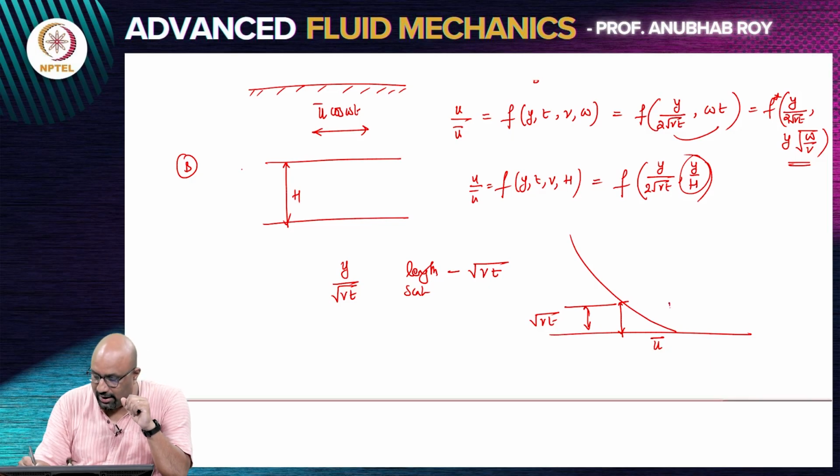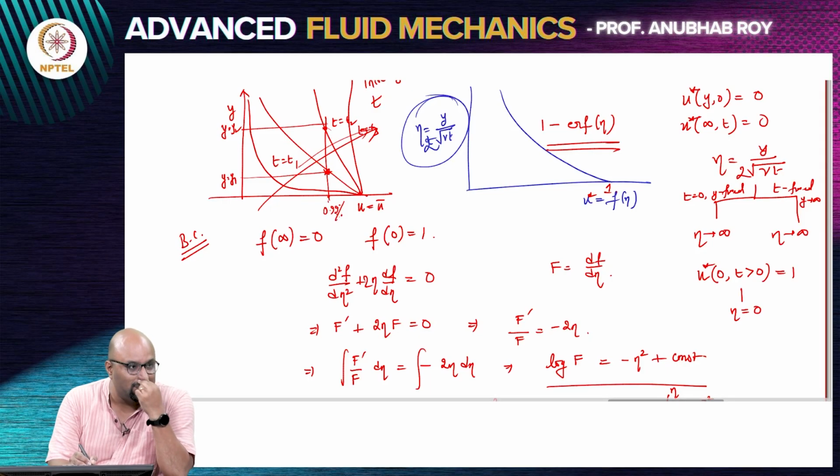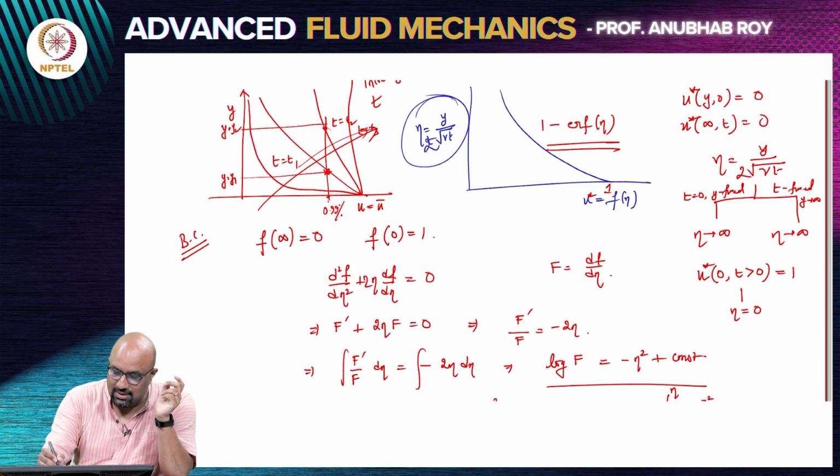If you define a quantity, let us say y of 0.99, which is the location in space where the velocity is 99% of the plate velocity. Now, that region is going to grow, right? Because we saw here the velocity profile. So, if you define this as the 99% line, it is not exact, but just for the sake of argument, call this the 99% line.